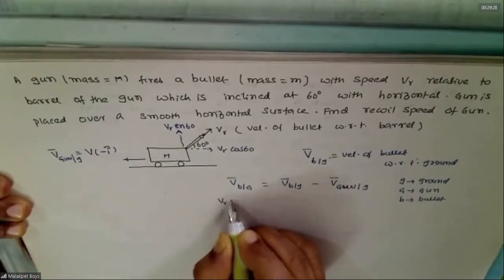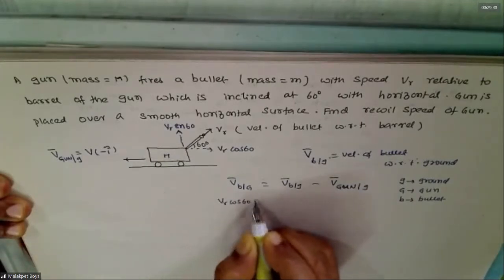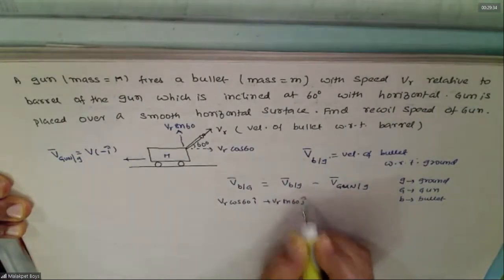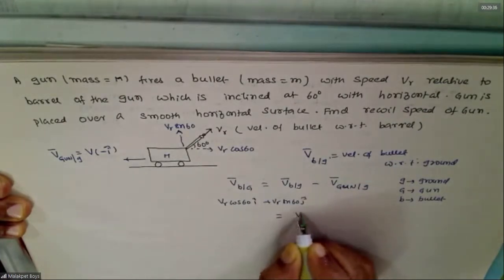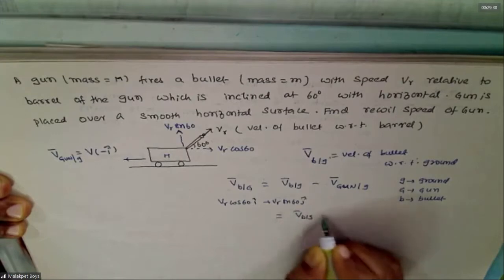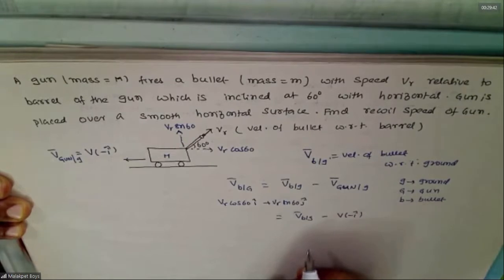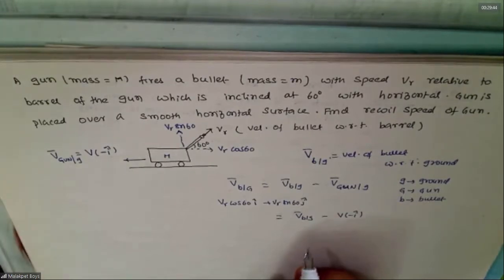This is given. Bullet with respect to ground is not known. Gun with respect to ground is V minus. Agreed?